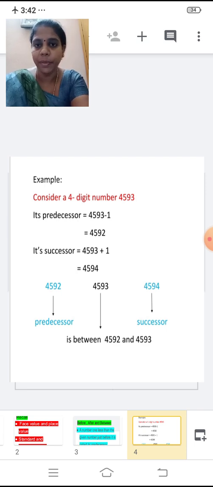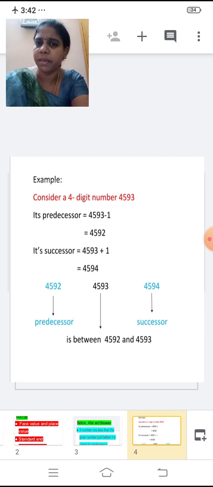When we add 1 to 4593, what will you get? 4594. So the predecessor is 4592, and the successor of 4593 is 4594.